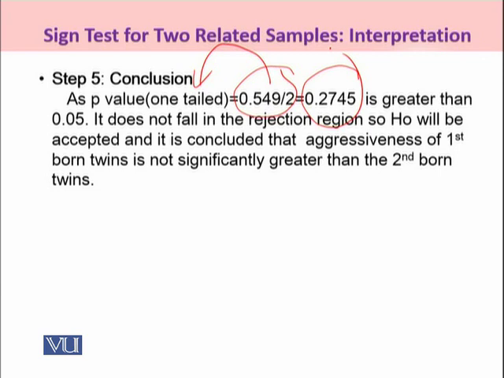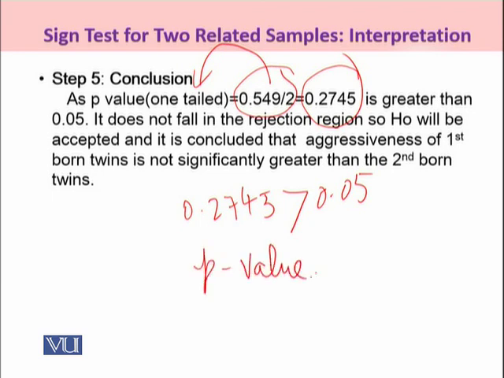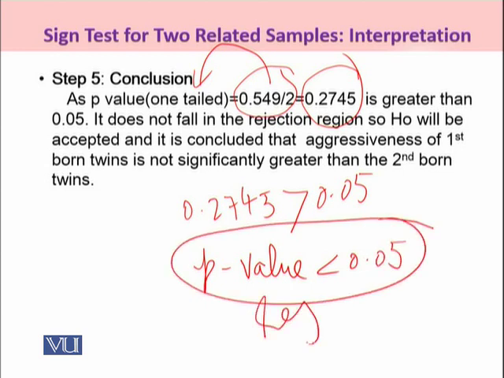Now as you can see, 0.2745 is greater than our alpha, which is 0.05. So it does not fall in the critical region, because our critical region was that if our p-value is less than 0.05, then we reject our null hypothesis.